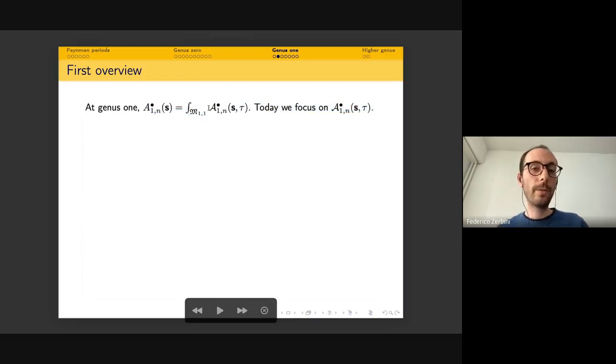So we will only focus on the integrand at genus 1. At genus 0, there was no integrand and integral because the moduli space is just trivial, M03. But here you have something non-trivial. You have a complex structure, tau, and therefore, instead of finding numbers, we will find functions of tau.